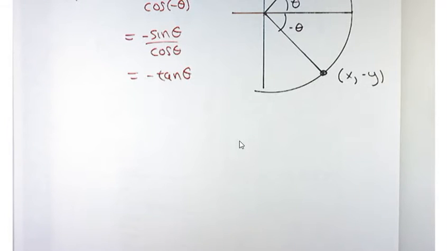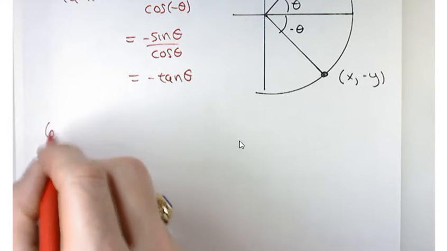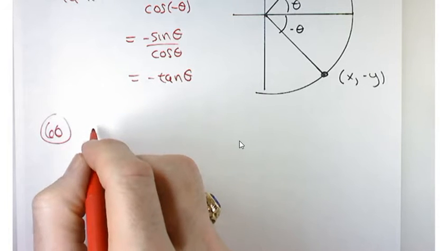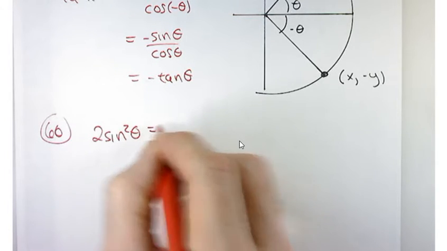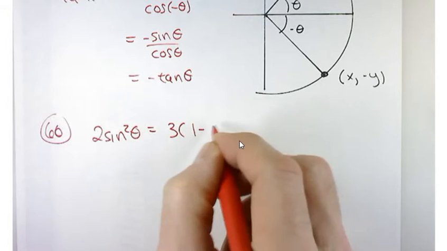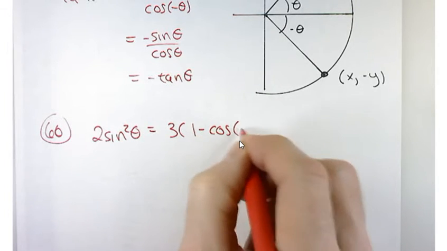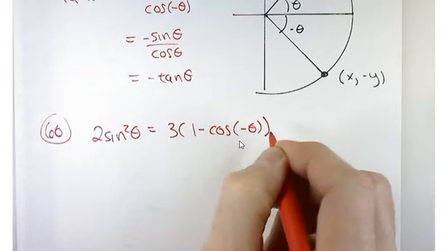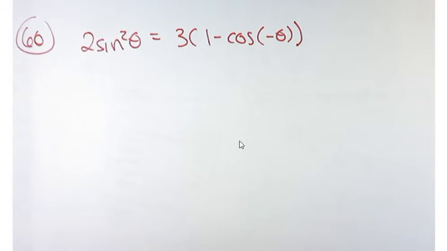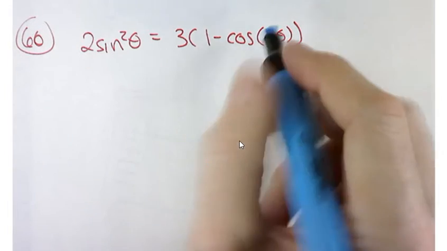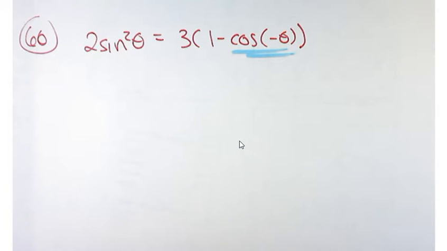What's 66 look like? 2 sine squared of theta equals 3 times 1 minus cosine of negative theta. So the first thing that I would do is clean this up.